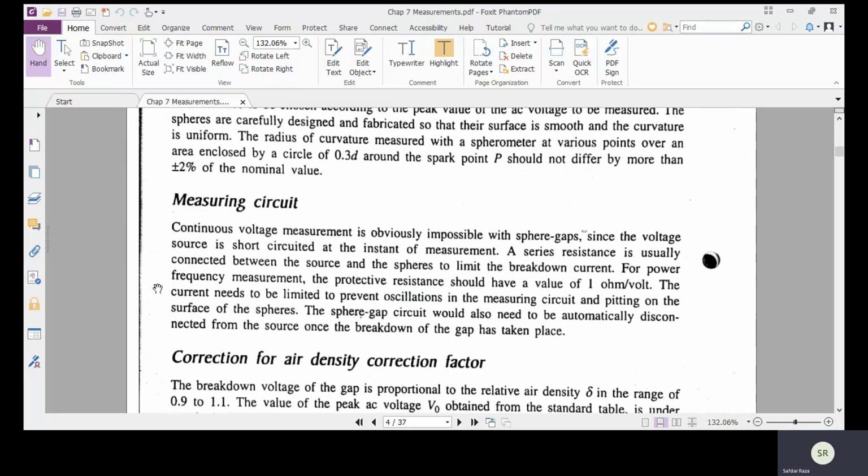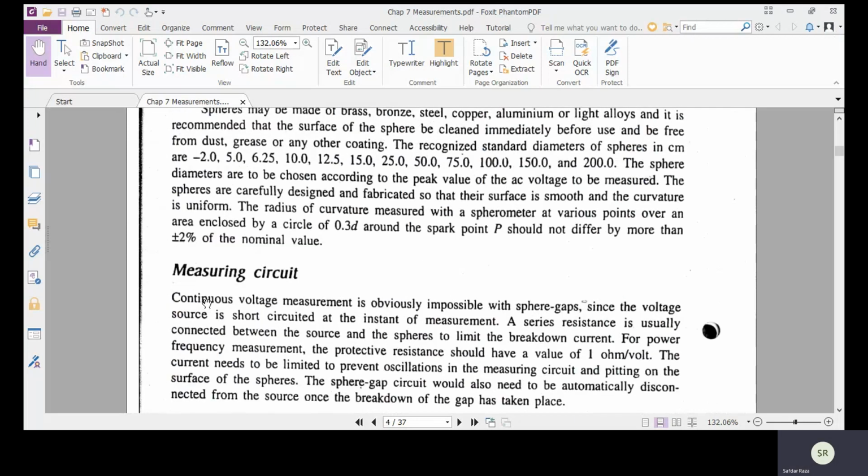Now we will move towards the measuring circuit. Continuous voltage measurement is obviously impossible with a sphere gap, since the voltage source is short-circuited at the instant of measurement. A series resistance is usually connected between the source and sphere to limit the breakdown current.